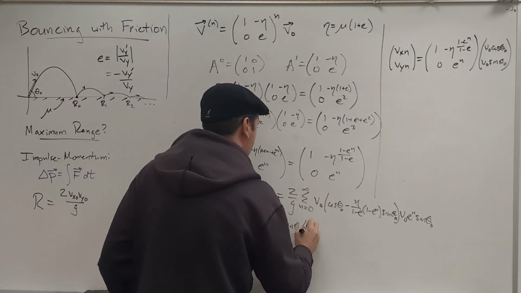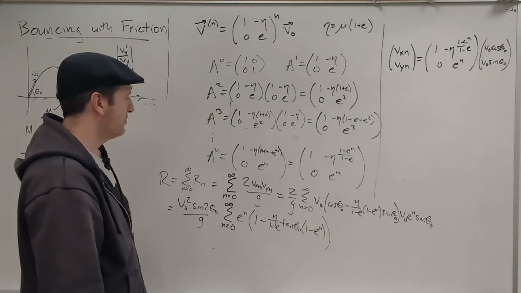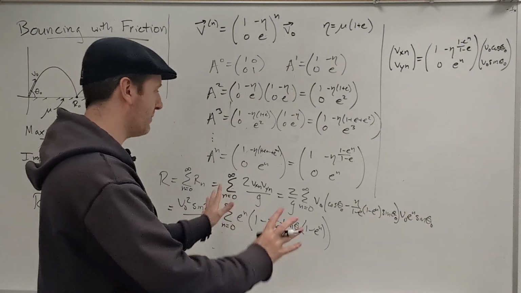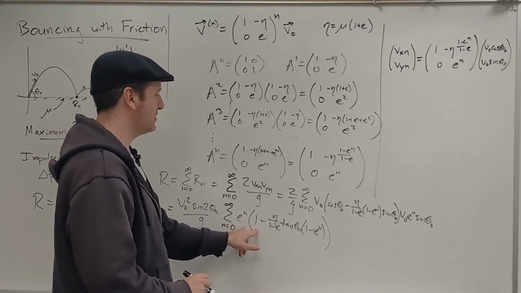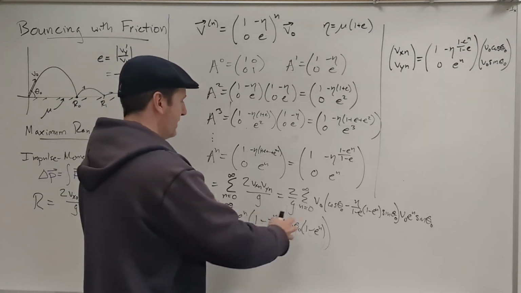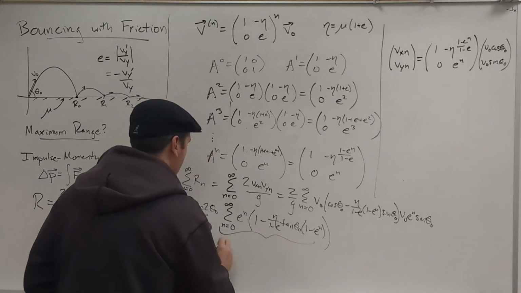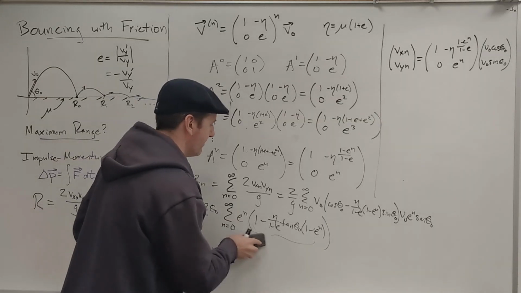And then we have this little binomial that also depends on e to the n. So this is actually just a sum of two geometric series. You got to be a little bit careful about how that all parses out. But if we were to group this into two different terms, the sum is going to be the same, so I'm not going to bother to rewrite that.